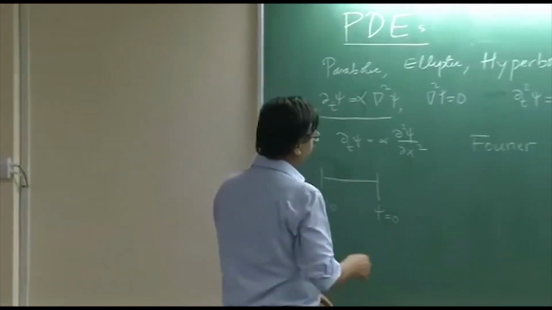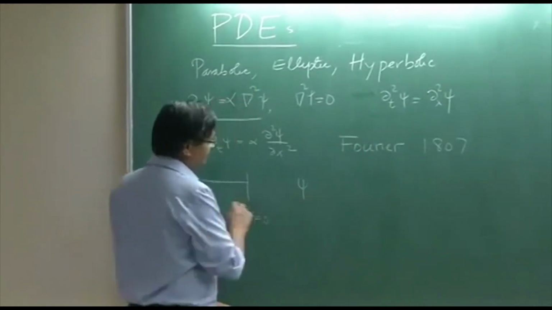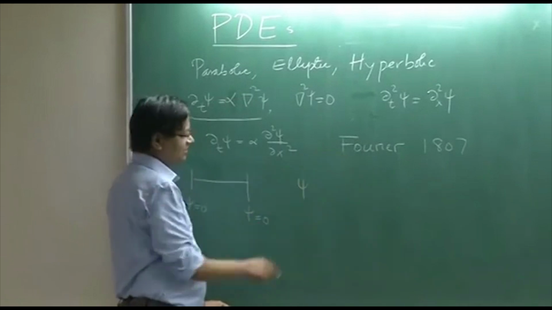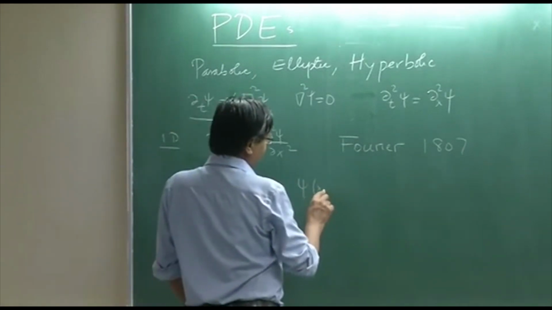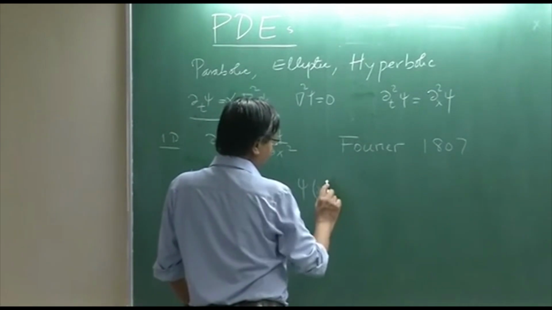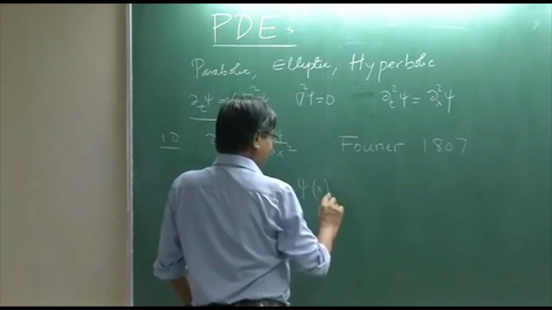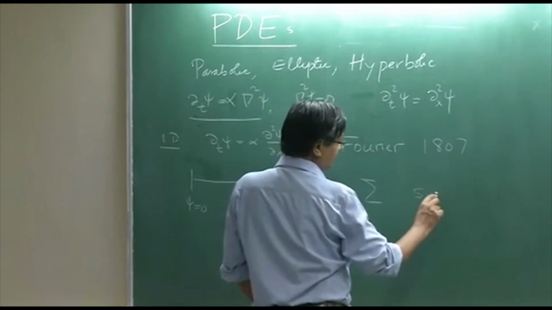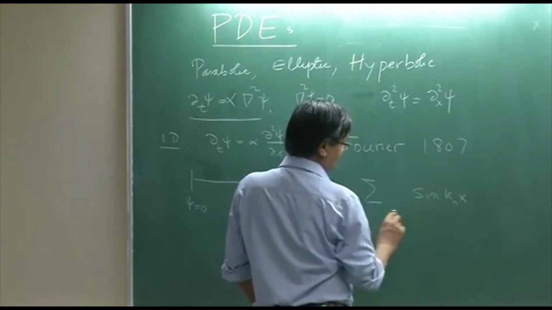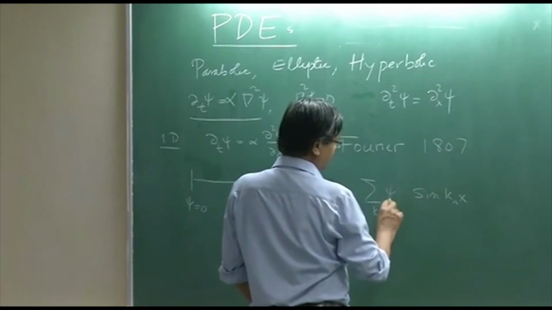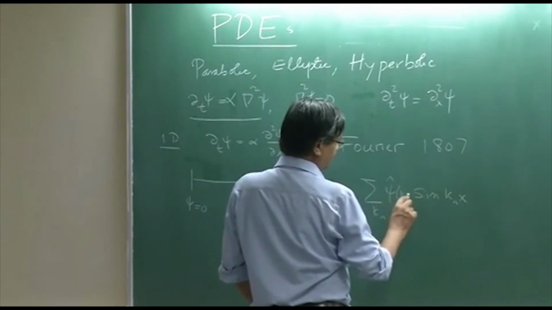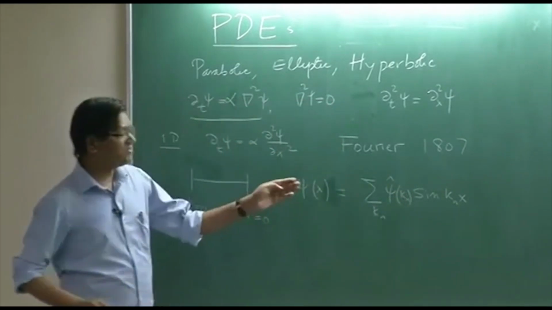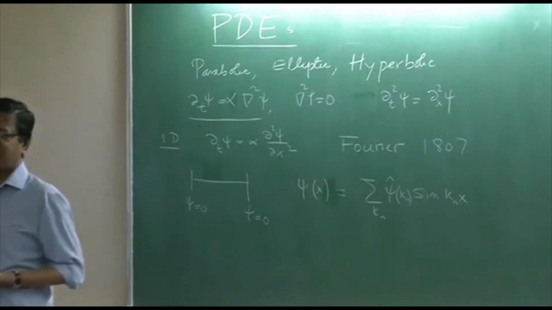So ψ equals 0 at the ends. Then Fourier says that ψ(x) can be expanded in terms of sine functions, sin(k_n x). I can expand in terms of a Fourier series. This is what he told first.